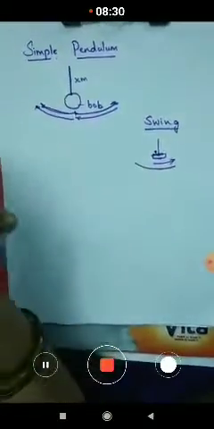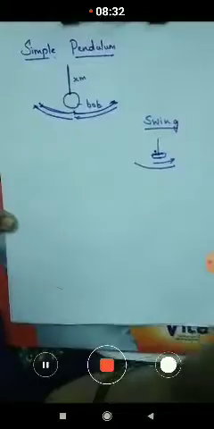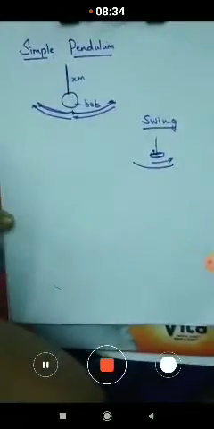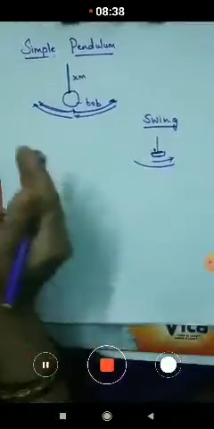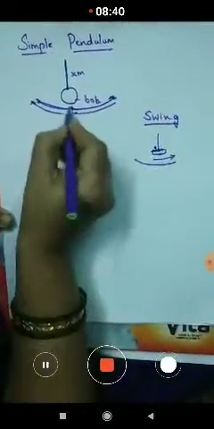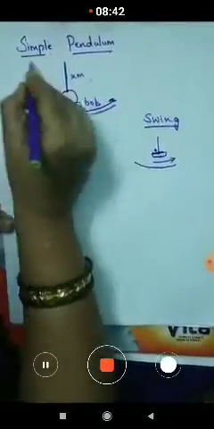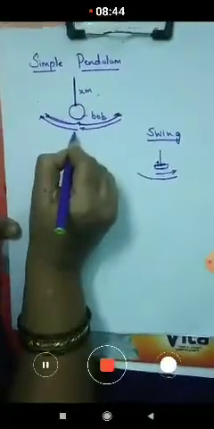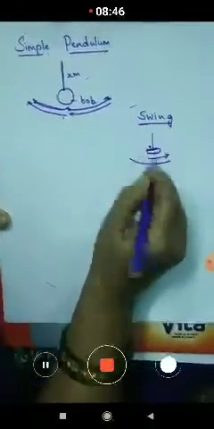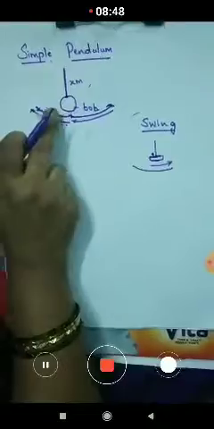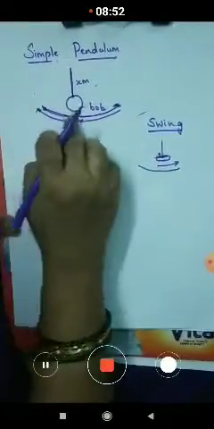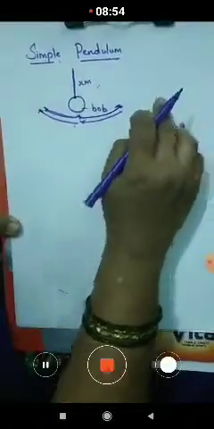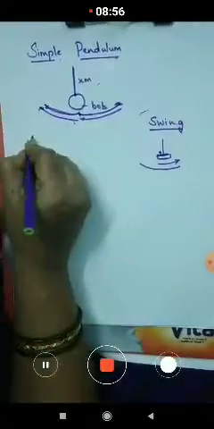The movement of the swing from backwards to the middle and again to forward and coming back relates to the movement of the bob in the simple pendulum. I gave this example to explain the movement of the bob from backwards to center and then to the forward. So this movement is called one oscillation.